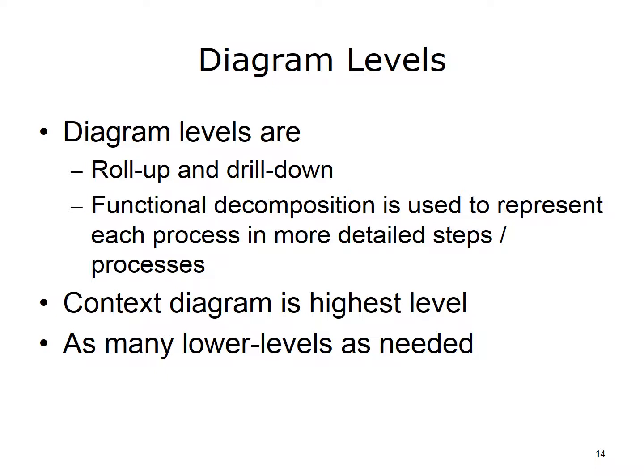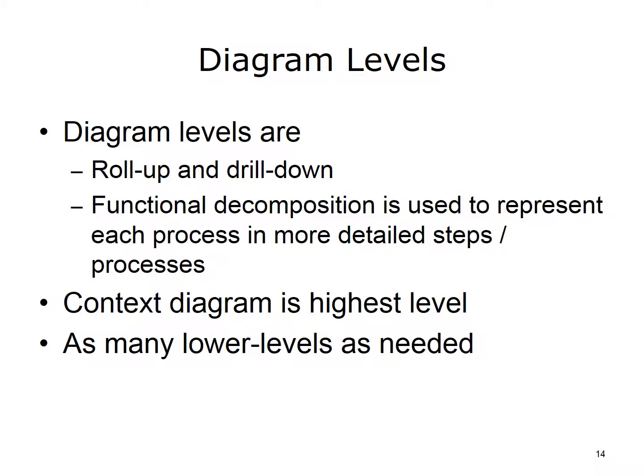Gaines-Sarson, like Jordan notation, uses level diagrams. That is, a roll-up and drill-down approach where increasing levels of detail are shown on successive diagrams. A process called functional decomposition is used to represent each process in more detailed steps, processes.